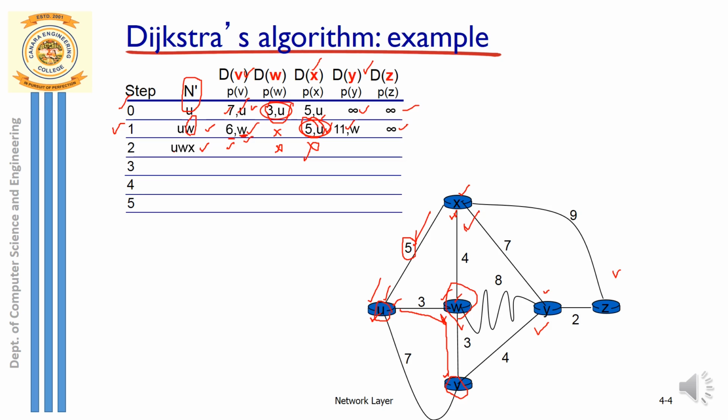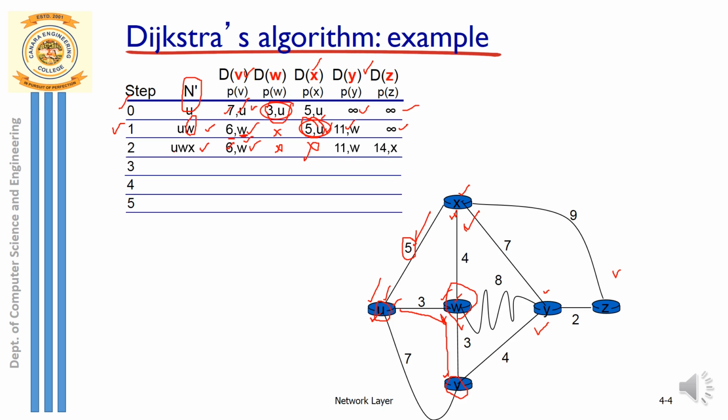Here I have the U to V connection from W, or else one direct path, that is the only one. Via X I don't have any path, so I cannot calculate this distance via X. So I can say that U to V the shortest distance is 6 only, and I retain the same. You can see the distance is retained as 6 via W, that's the shortest.